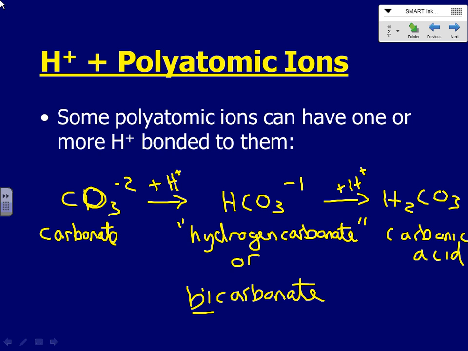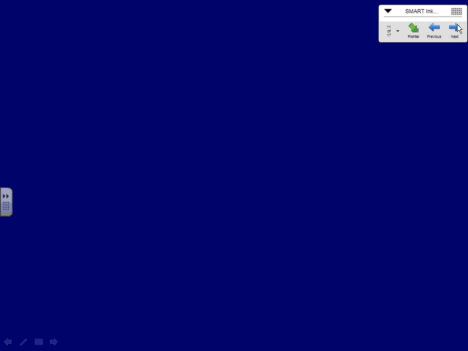Compared to the carbonate ion, what did we cut in half to get to the bicarbonate ion, Atlee? The charge, right? We cut it in half. Okay? So bicarbonate is a carbonate that has half the charge because it's got an H on the front end. Okay? All right.